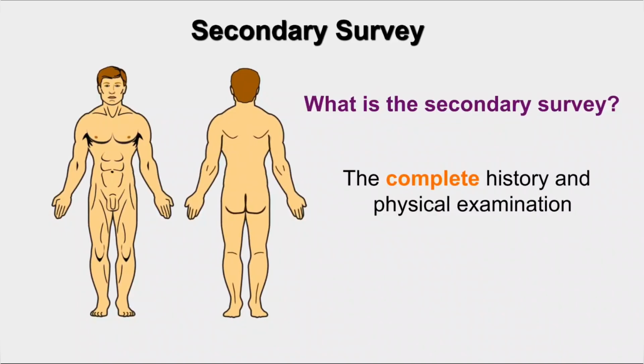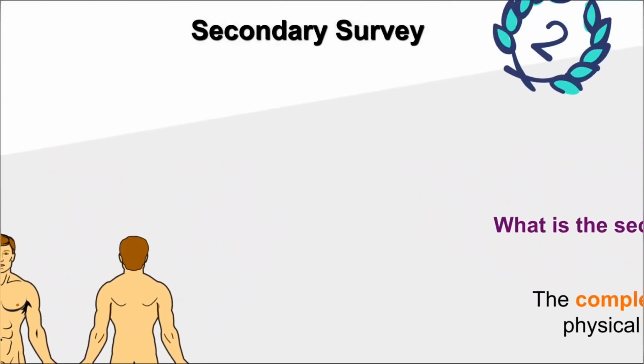Now we completed the primary survey. If the patient is having good resuscitation and improving vital signs, we start the secondary survey. What is the secondary survey? Secondary survey is a complete history and physical examination, and also using some adjuncts.